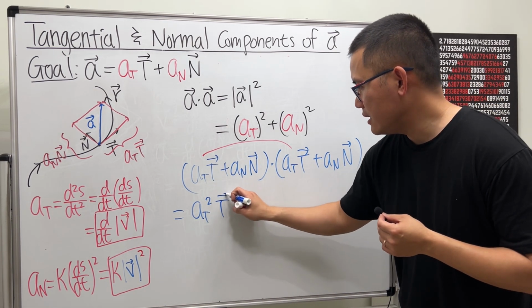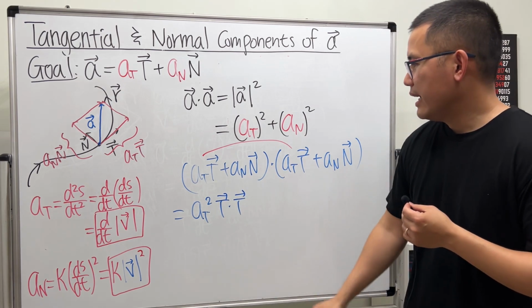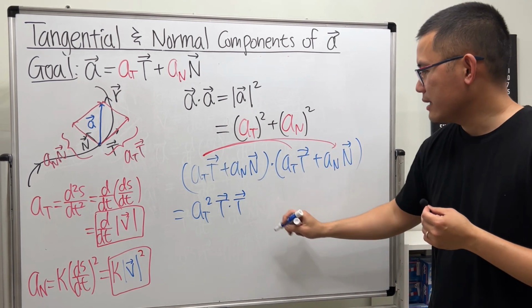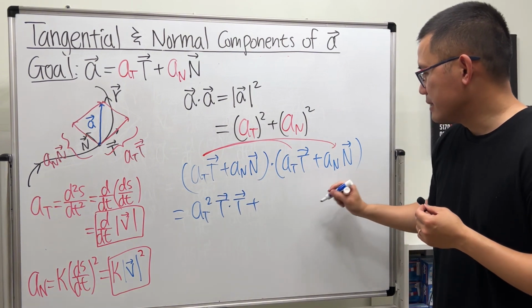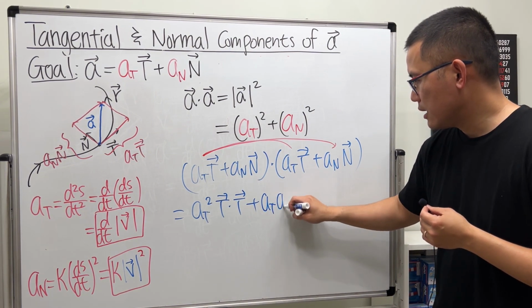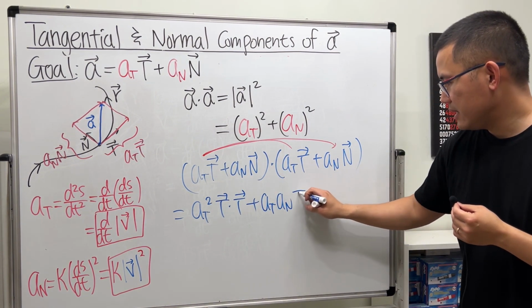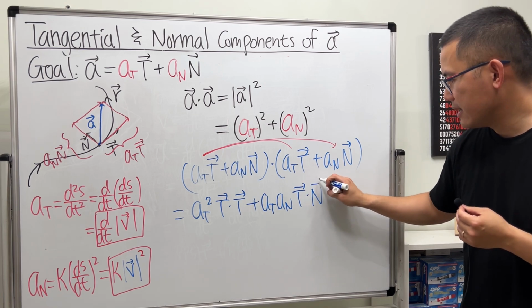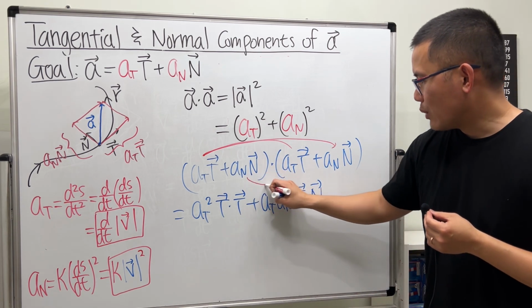So it's T dot T. And then next, we'll have this times that, right? So that's plus AT times AN, and then we have T dot N. And then I will have this times that.